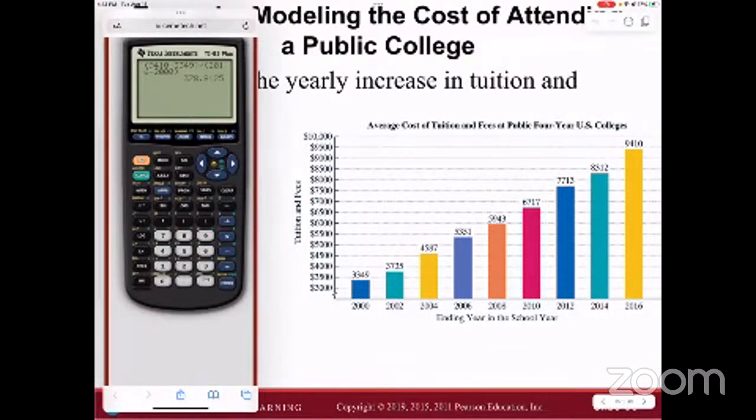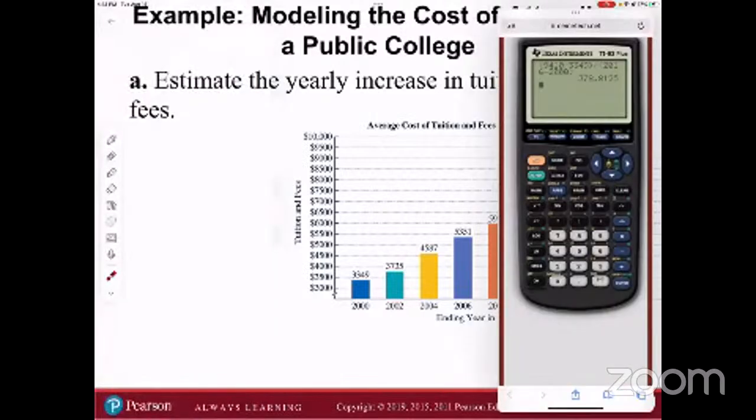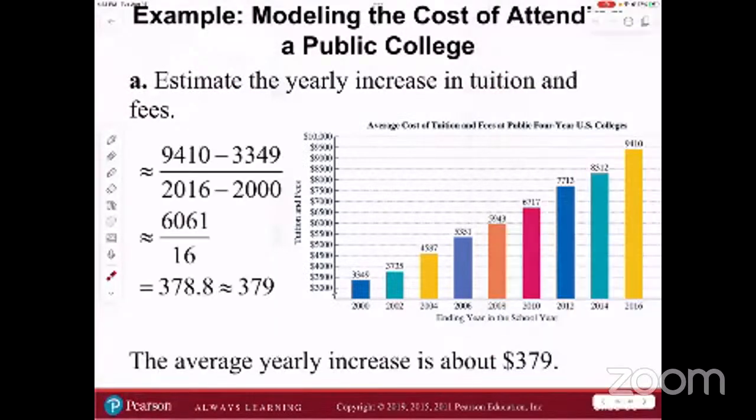So we got 378.81. That 8 tells us to round up, so 379. You see the 378.8 is approximately $379 per year. So the average yearly increase is about $379, right?